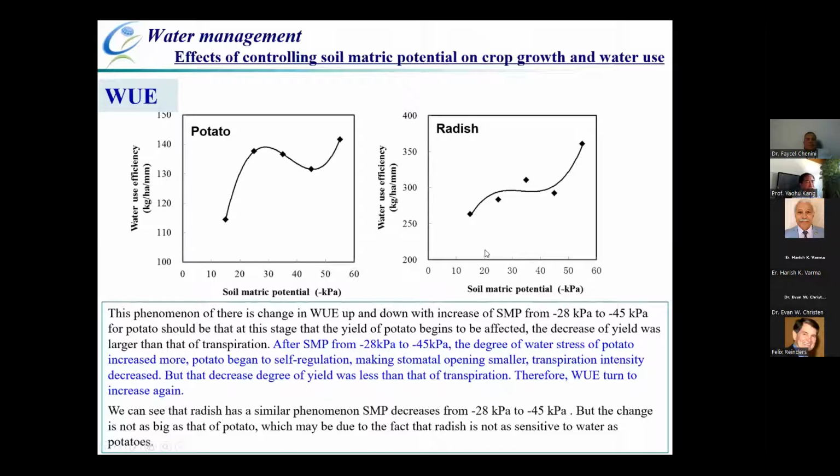The radish has a similar rule, but the potato curve is sharper. So why is there this phenomenon?